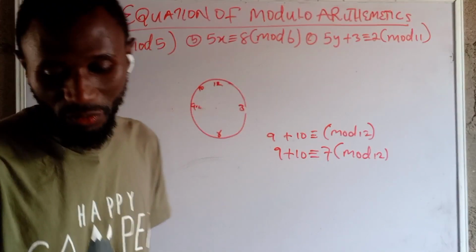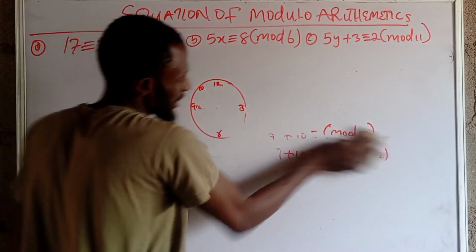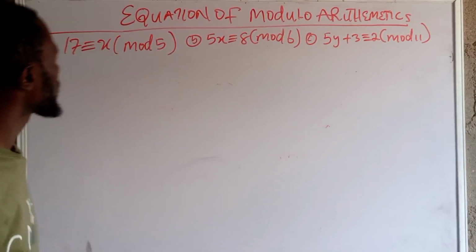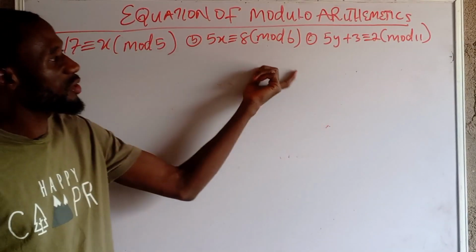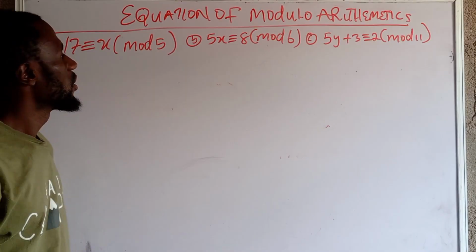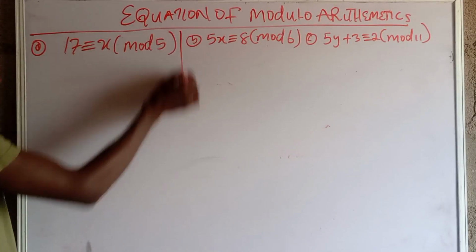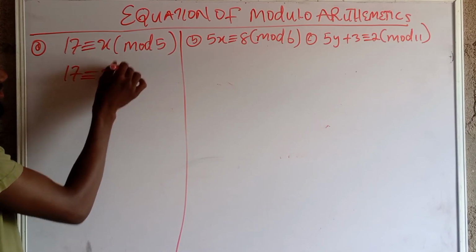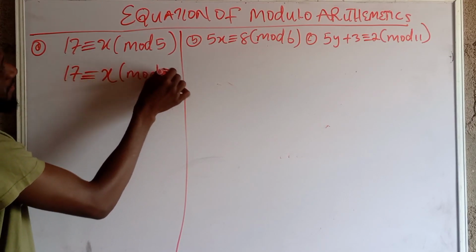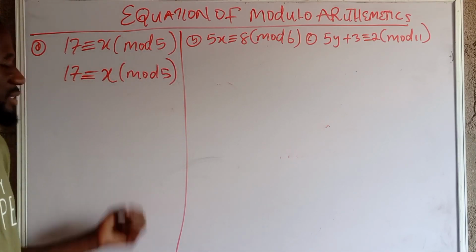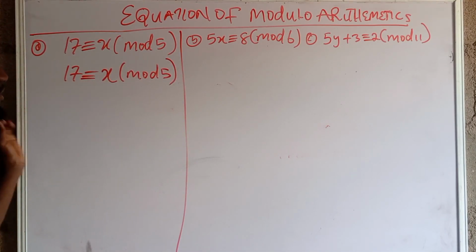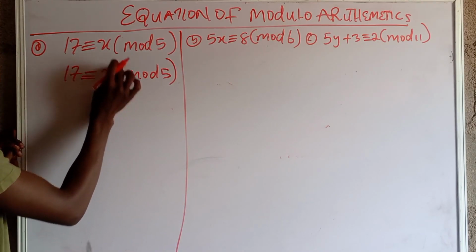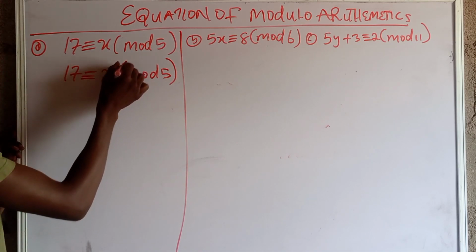Then without wasting much of our time, let's enter into our problem. In dealing with such problems in modular arithmetic, we look at the equation given. We have 17 is equivalent to x mod 5. Since the modulo given is mod 5, we are going to find x.